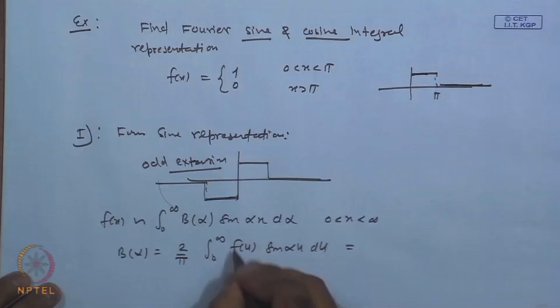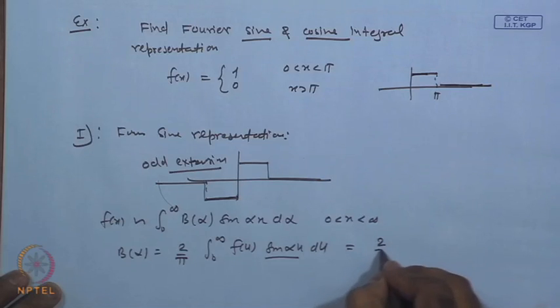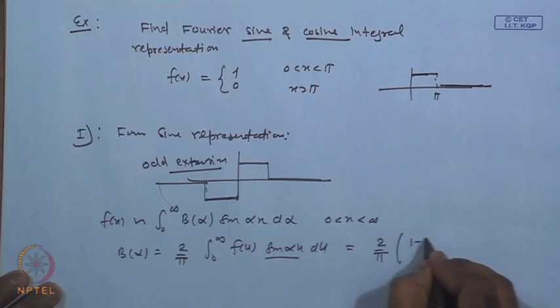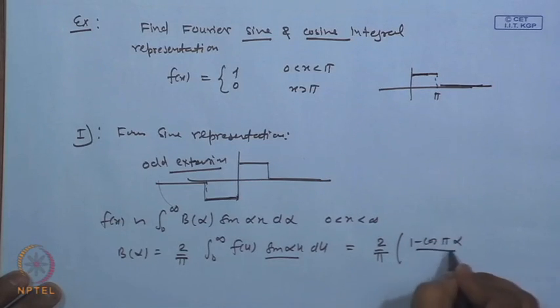So, for this integral, f(u) we can take from 0 to pi, and we have sin alpha u du. So, this will be 2 over pi times (1 minus cos pi alpha) over alpha.